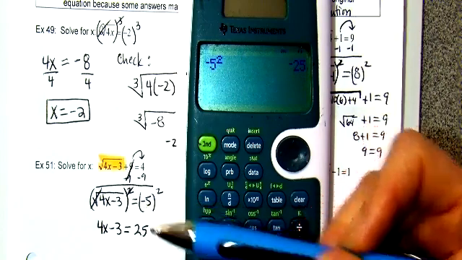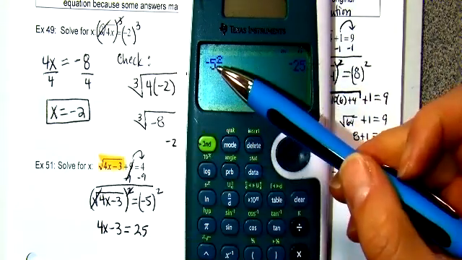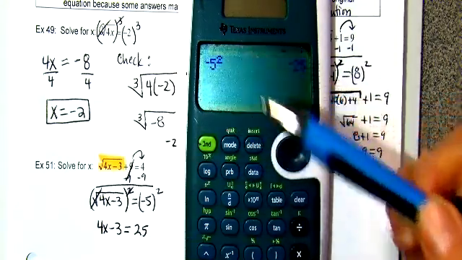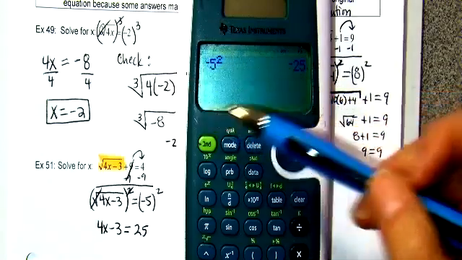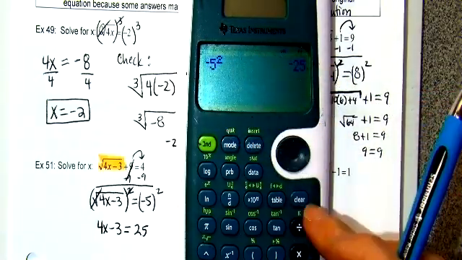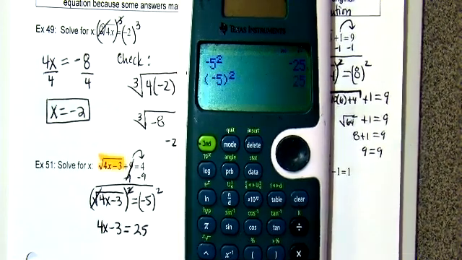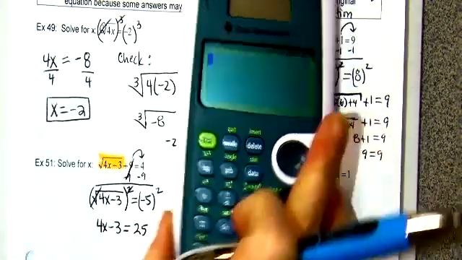So -5 times -5 is a positive 25. That's an exponent rule that you need to be aware of. And that's why you need to use parentheses in your calculator, so you can tell it that it's taking the negative with it in the multiplication.